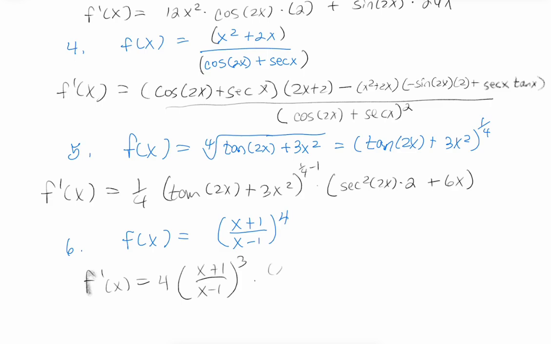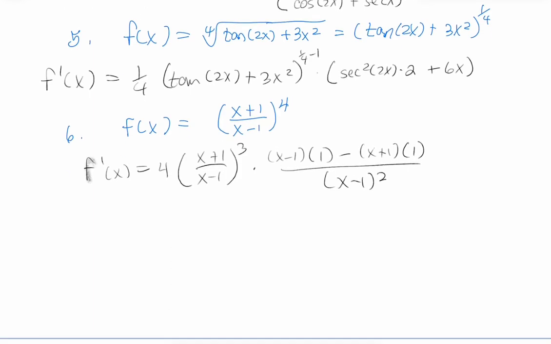So that stuff is bottom times the derivative of the top minus top times the derivative of the bottom all over the bottom squared. And I don't need you to do anything. Now there's going to come a time where we will practice making that look nice. But for our purposes, it is what it is. Okay. Everybody good so far?